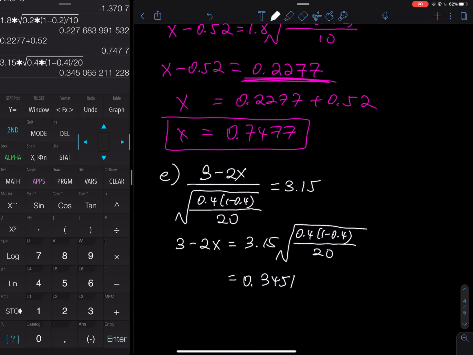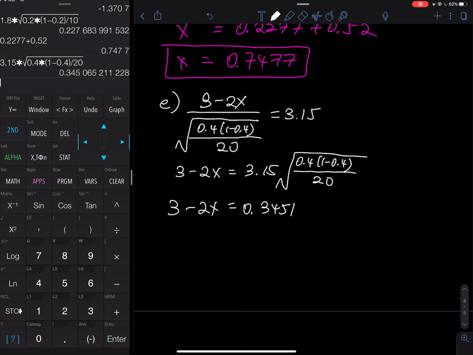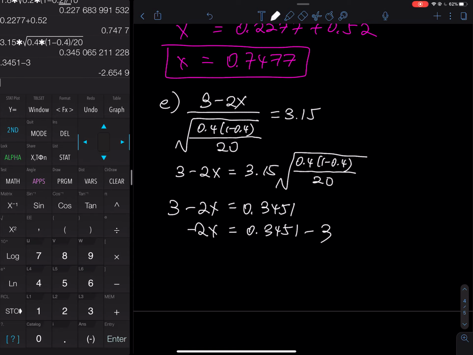0.3451. And then 3 minus 2x. And then I subtract 3 on both sides. So that is 2x equals this answer minus 3. What do I get? 0.3451 minus 3. All right. And then I take that divided by negative 2.